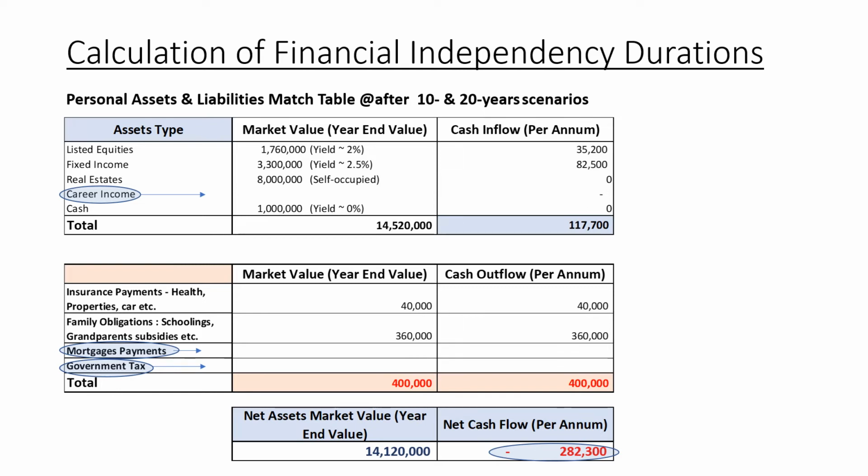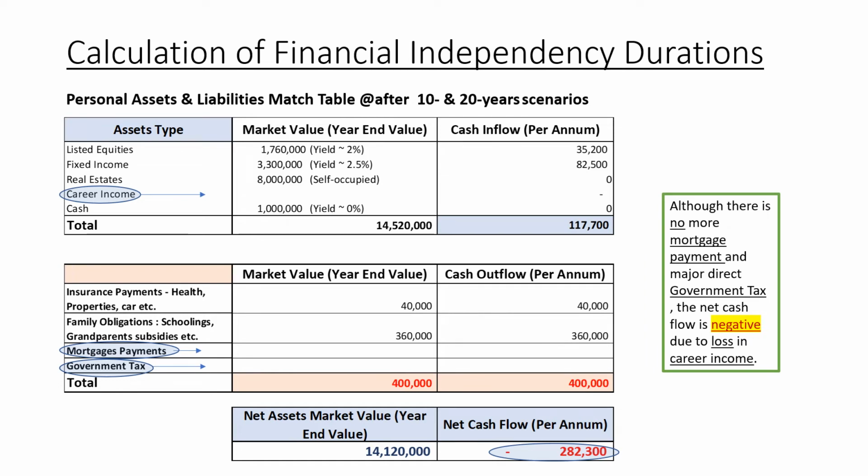This is the case after 10 or 20 years, when the couple have no more mortgage and no need to pay heavy government tax because they don't have any salary income. As a result, you can see they have a negative net cash flow because they lost the income from their work.